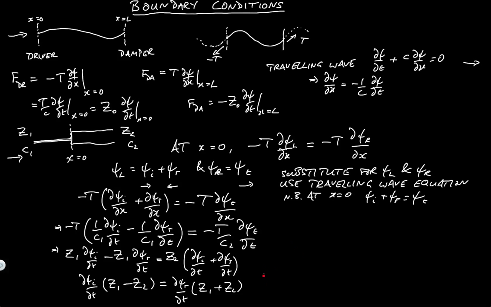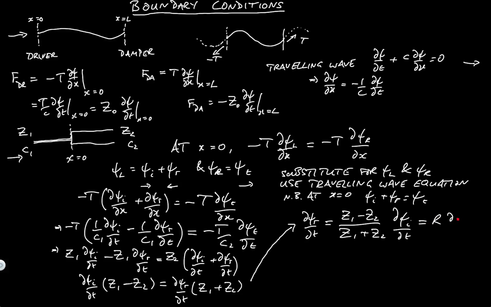And that in turn implies that d psi r by dt is equal to z1 minus z2 divided by z1 plus z2 d psi I by dt, which we write as capital R, the reflection coefficient, d psi I by dt.